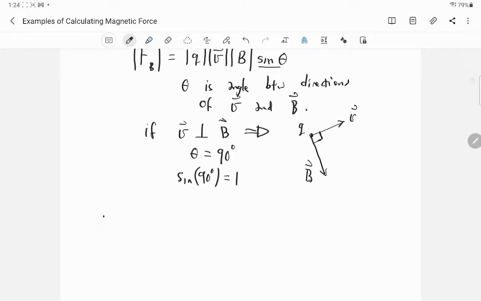So, for example, what if we know that an electron is moving with speed, let's say, 1,000 meters per second?